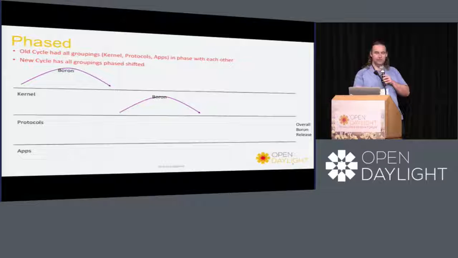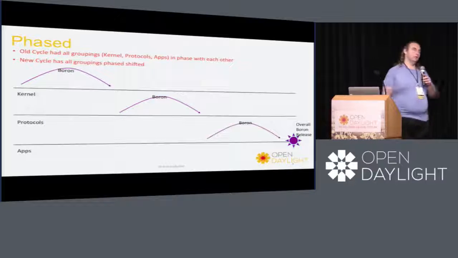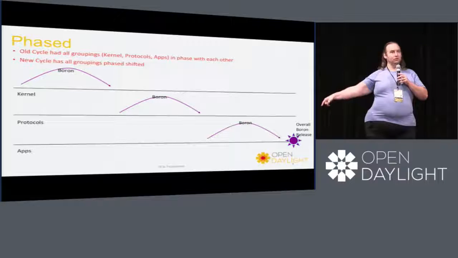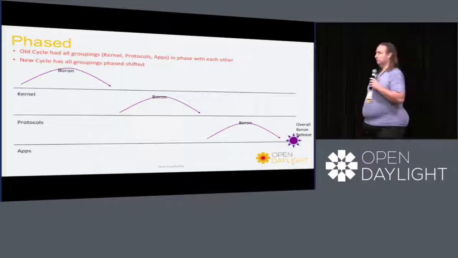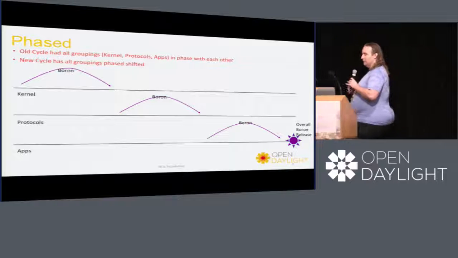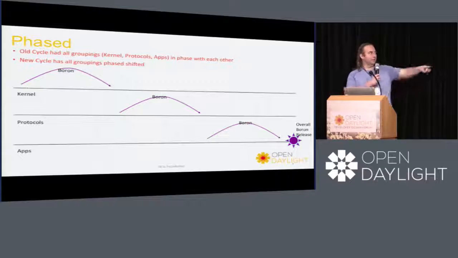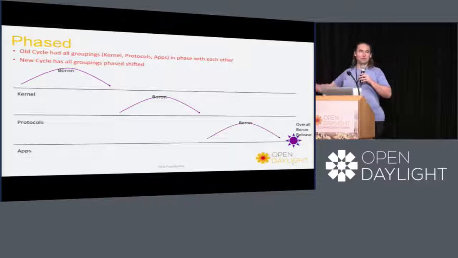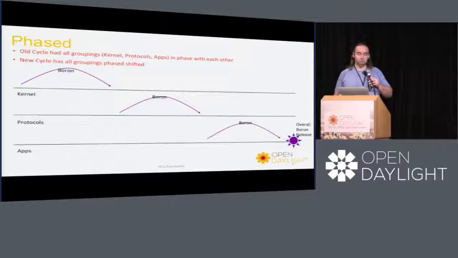And then, of course, apps, right after protocols release, do their 2-month cycle and release. And then at the very end, you have the overall boron release, the little purple sun in the picture, which is the point at which everybody has gotten their boron release out the door.